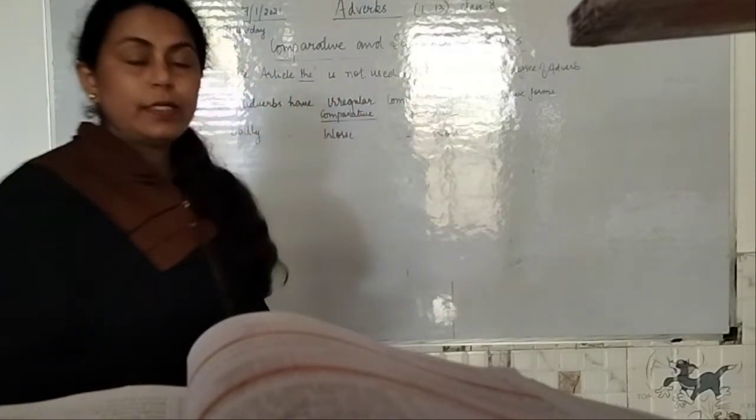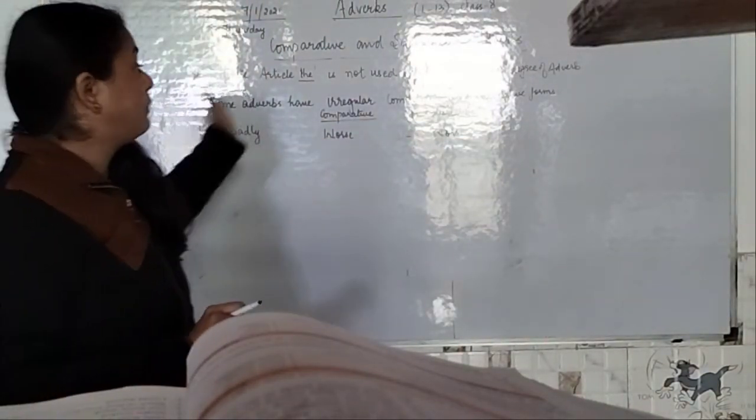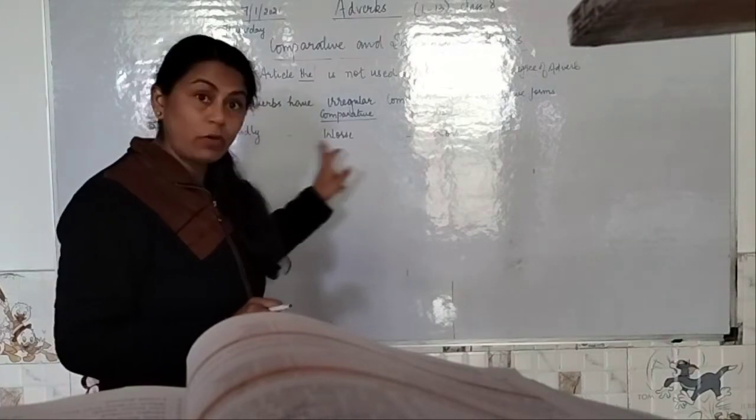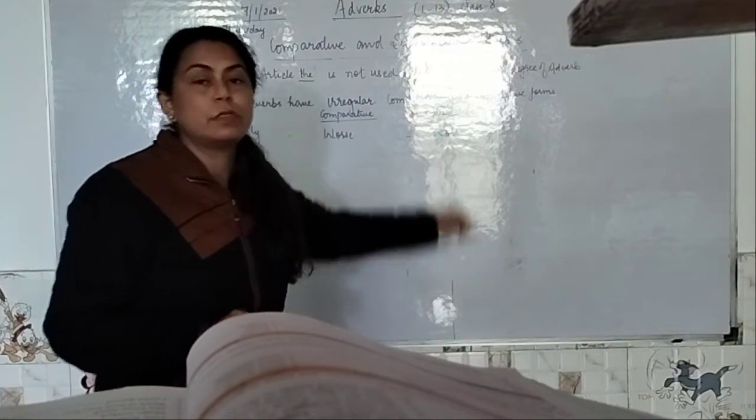Like bad, worse, worst. So here the adverb is badly. If we have to use it in a comparative form, you will use worse, not more badly, no, worse, or superlative worst.